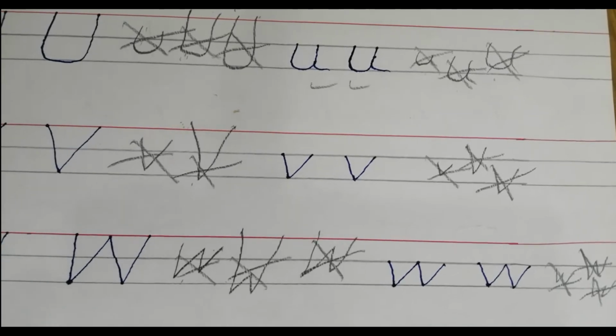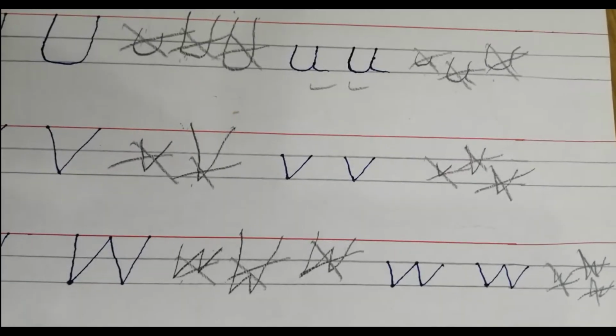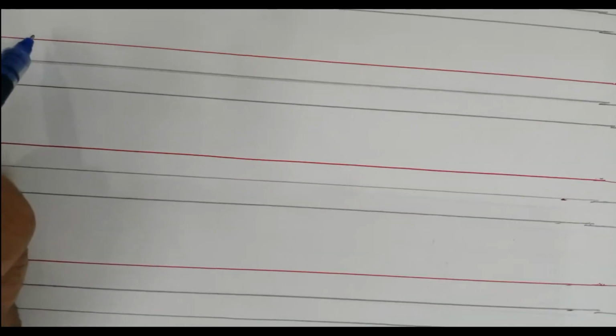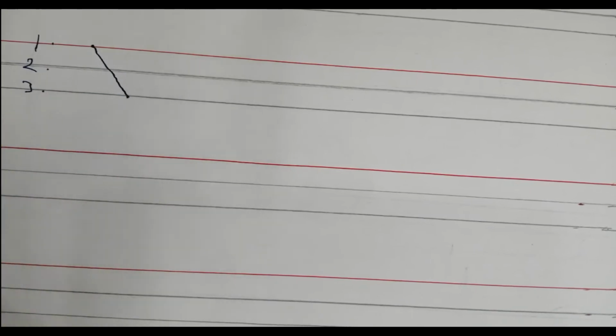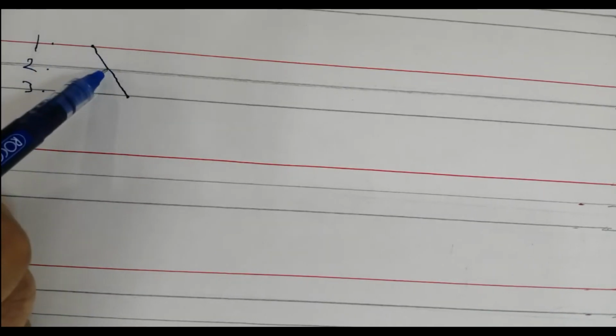Okay. After W, we have letter X. Starting again, line number 1, 2, 3. X. A falling line from line number 1 to line number 3. And we have here a dot. You see?